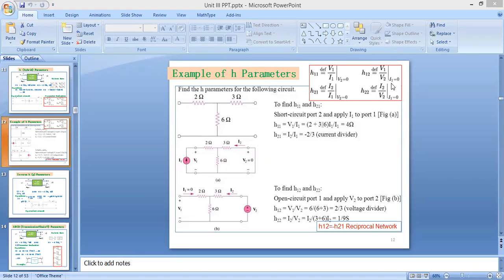That's why to find H12 and H22, we are supposed to make port 1 an open circuit. जो सर्किट है उसको क्या करेंगे? Port 1 we will consider as open circuit and we will apply voltage across port 2. So now our equation will become H12 equal to V1 upon V2 when I1 will be 0 ampere.